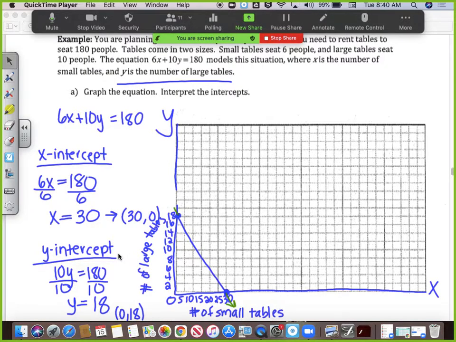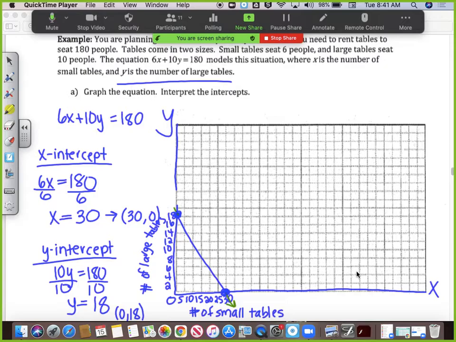So this graph actually does stop right here and right here. And that's because you can't have a negative number of small tables or a negative number of large tables. So the second quadrant, the third quadrant, and the fourth quadrant don't make any sense for this problem because it's about a real-world situation and you can't have a negative number of tables. So that's why only the first quadrant is given.